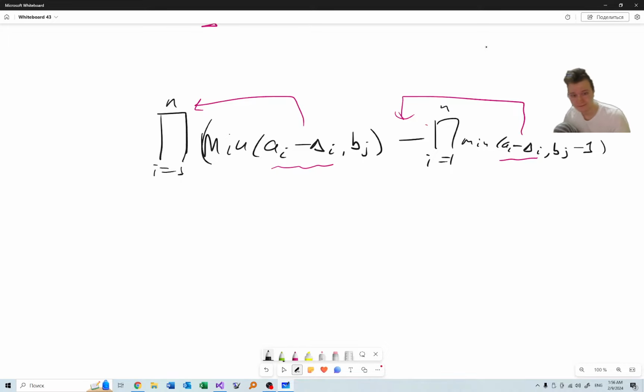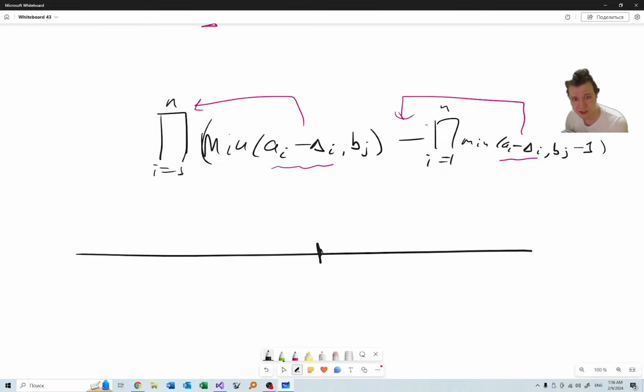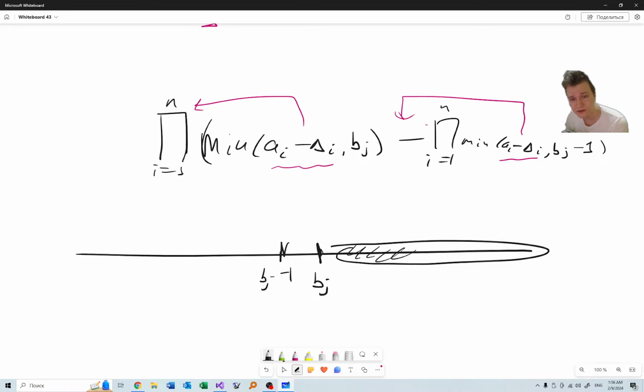So let's think again. We have some fixed bj. So if AI is here, and this is bj minus 1, then it simply contributes in this power.